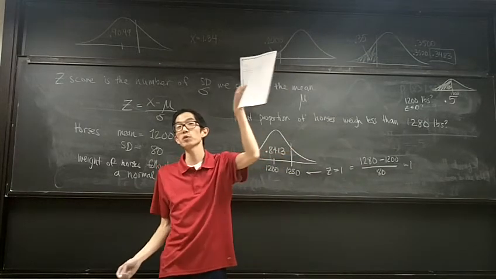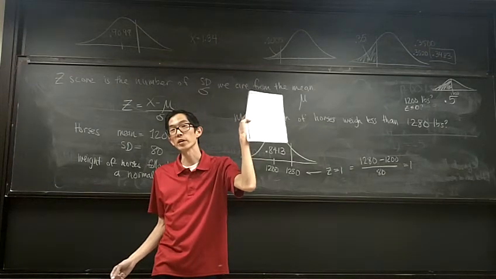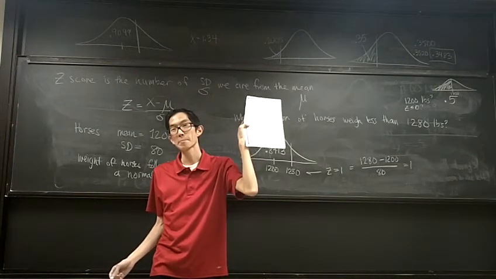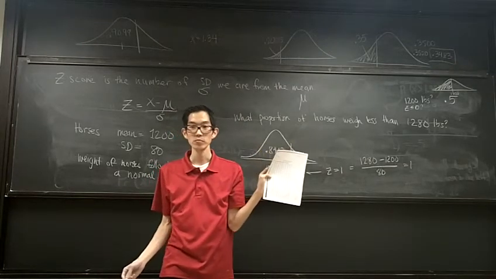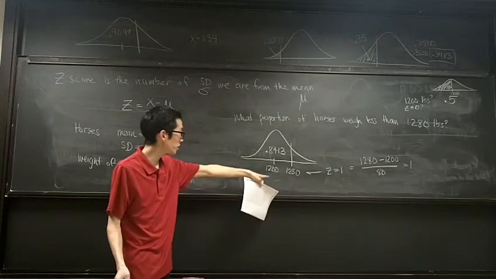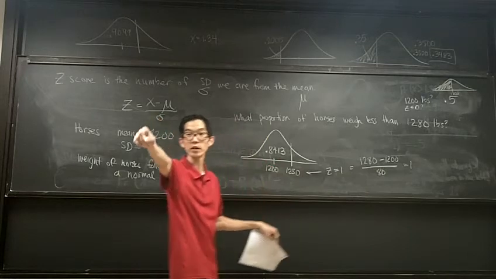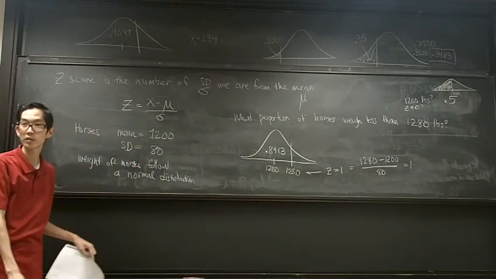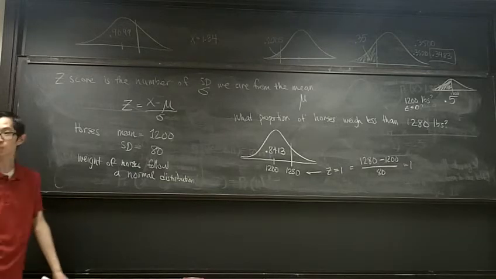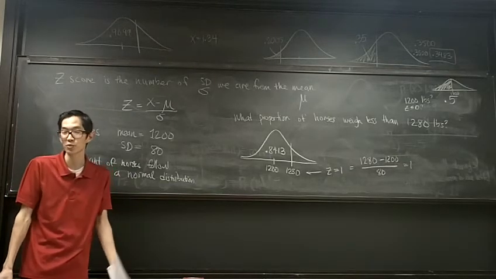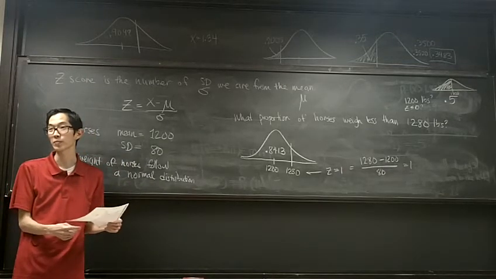What I'm doing is looking at my table for the area to the left of z equals 1, 0.8413, as long as the median is 0. We've adjusted for it by using the z-score. Does the 0.8413 mean the percentage of horses that weigh less than 1,280? Yes. So 84.13% of horses weigh less than 1,280 pounds if they have this mean and standard deviation. Is that okay?